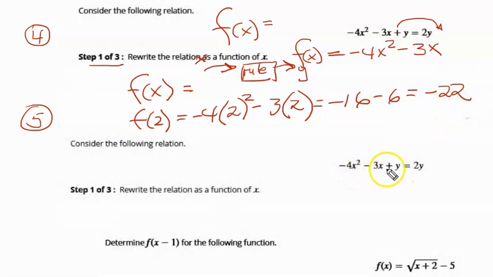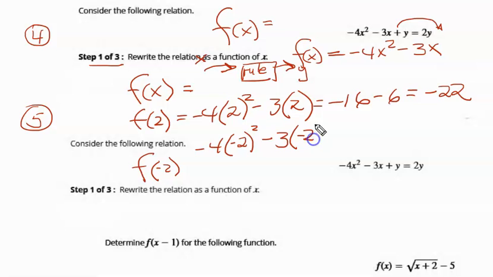And then this one is just using some of this the same way. Let's just say it was a -2 now. What would our answer be? Well, -4, and then the use of the parentheses is very important here, so you can watch the signs. And now what would you get?